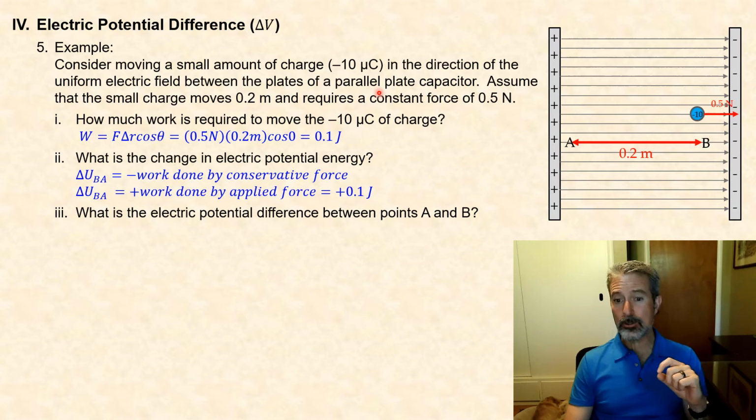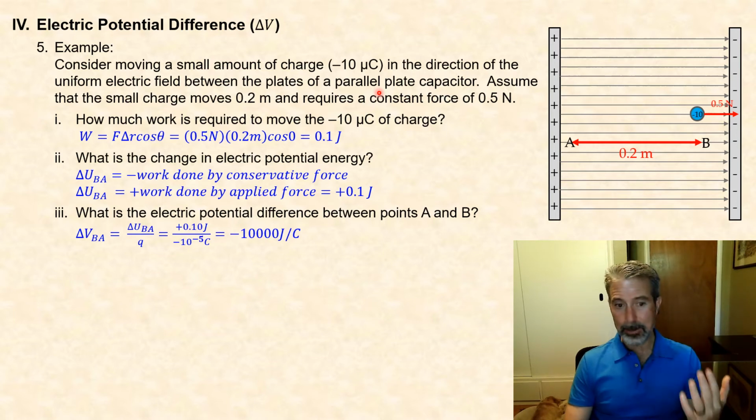What is the electric potential difference between these 2 points A and B? Here we're going to have to use our definition. Remember that the electric potential difference is simply the difference in the electric potential energy per charge. And remember that charge has a sign.